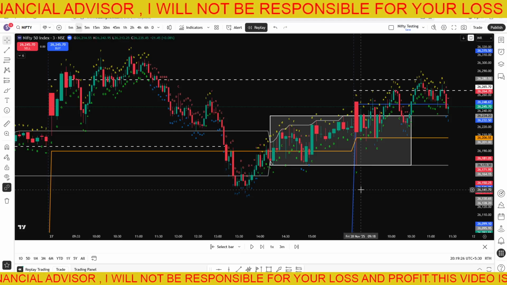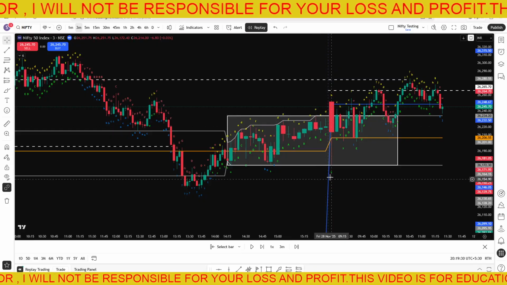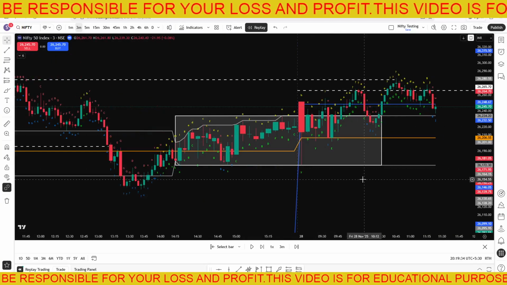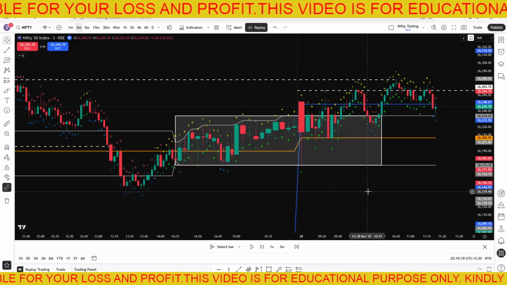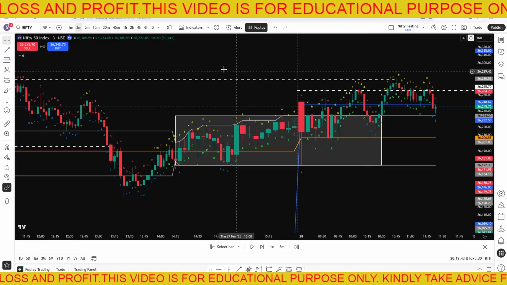The first 3 minute candle just traced the entire smart money zone, right? This one, and we got the sign of bullishness here. So let's see how many components are in favor.